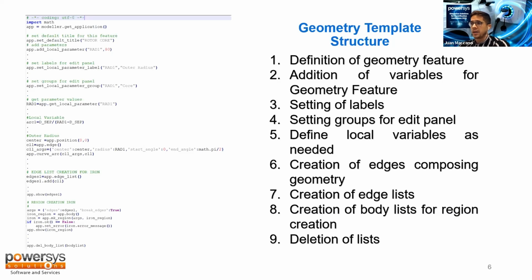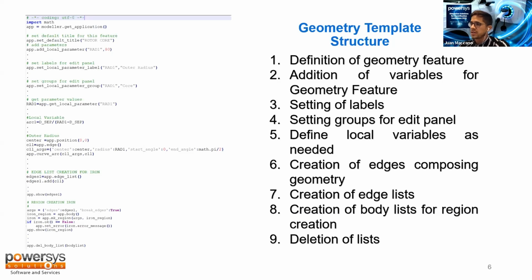The next step is to create basically all the edges that will compose our design. So JMAG is able to create lines, circles, ellipses, any type of geometry entity that later on can be assigned to an edge list, which is the next step.